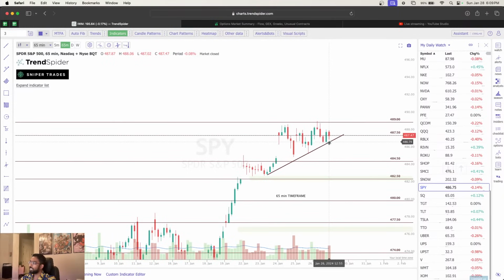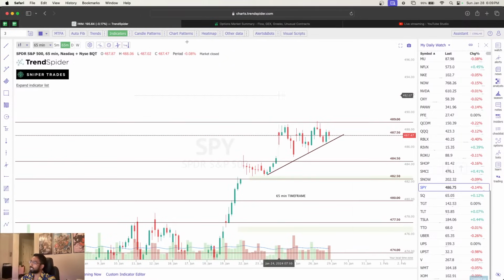If we did see some kind of a break under this trend line here, right? This is one of the trend lines where we based, went up, went down, went up, important trend line, and then came back here. We bounced right off that as well. So if we did break under that, we were expecting a little bit of a pullback towards 484.50, 484. But we closed right at 487.50, which is not odd.